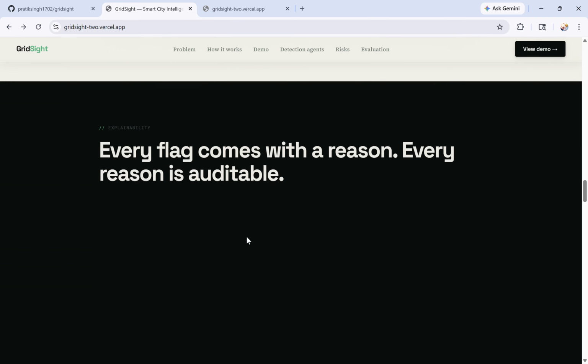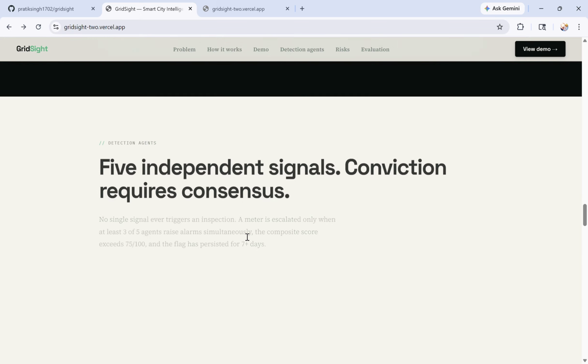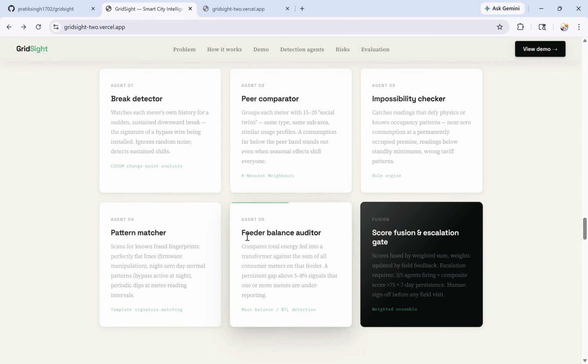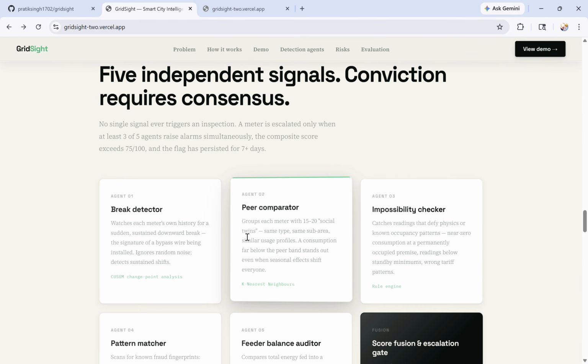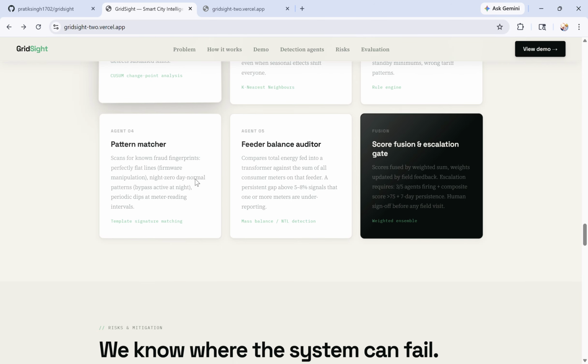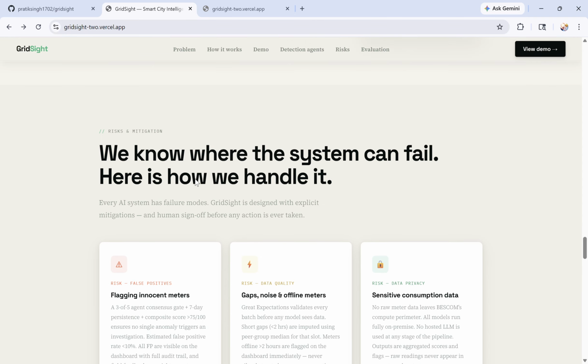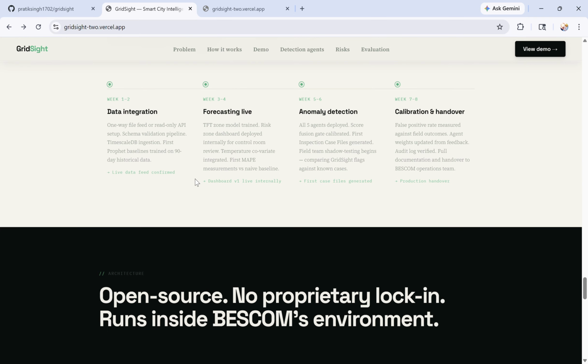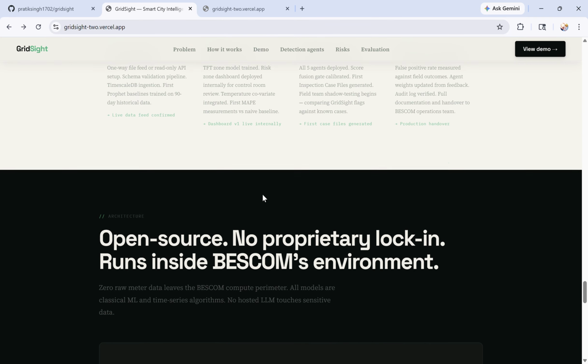And we can see how we can easily detect the flags and theft-prone areas, as our AI has five independent signals that we have checked, and each is the best at its purpose. Thus, I enjoyed the working phases, and I would like to work further on it. And thank you for giving me this opportunity for working with BESCOM.